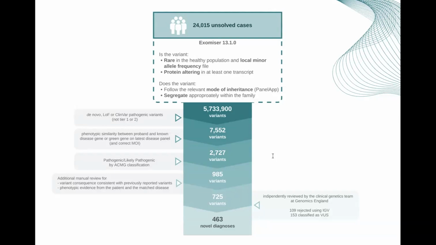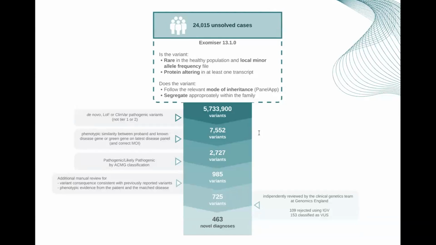This conservative candidate selection procedure includes many steps, like the inclusion of de novo loss-of-function and pathogenic and likely pathogenic ClinVar variants that were not reviewed by clinical scientists in the previous analysis, as well as variants that have a human phenotype score more than 0.6 or were in green genes in the panels that were applied, and it was following the correct mode of inheritance known for that gene.